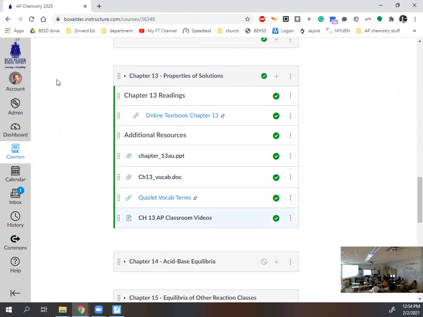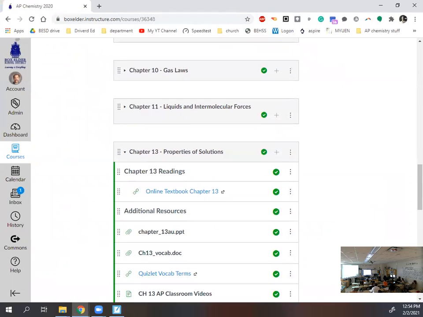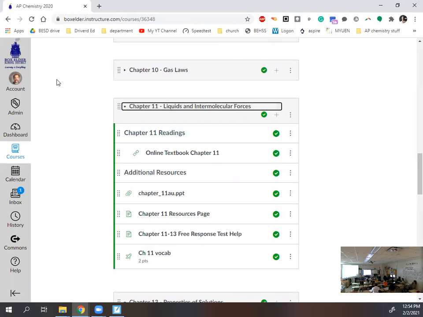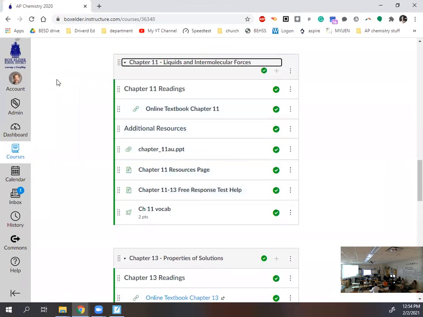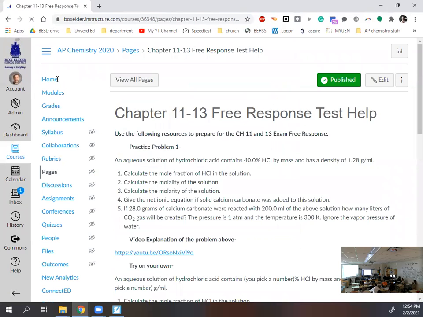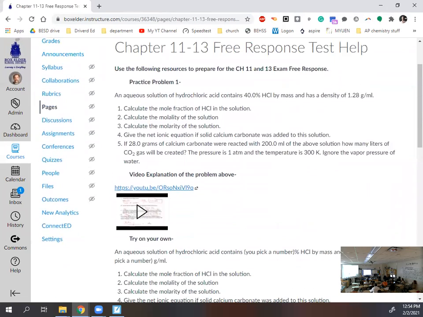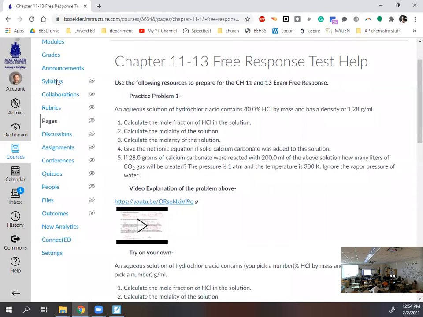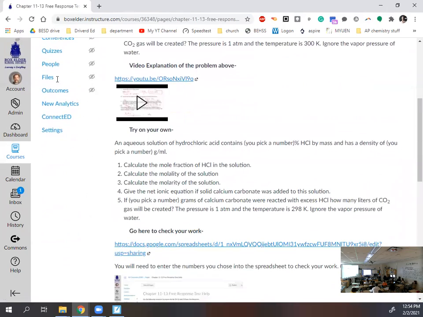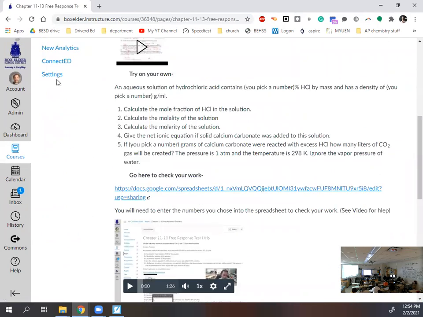So maybe it's in chapter 11. It's in chapter 11 through 13, free response test help. Look at that. I better change that because we have that same problem. Well, no, we don't, because we did 40 and a different number, and we did a different number in 1.28, so we should be fine. Then you can try on your own, and remember, you can go to the spreadsheet, put in the numbers you made up, and see those answers.